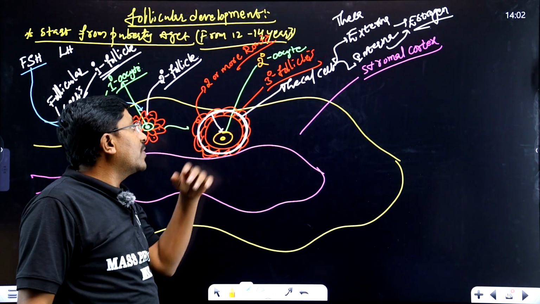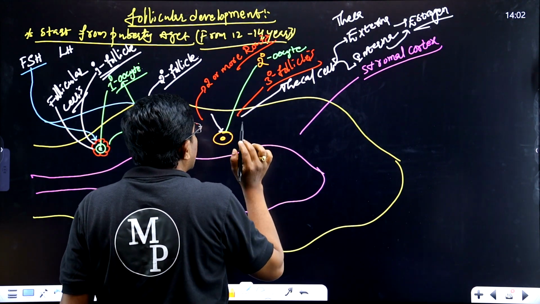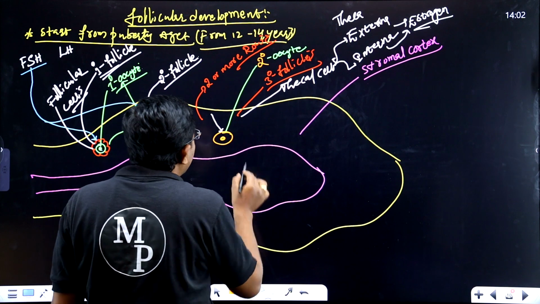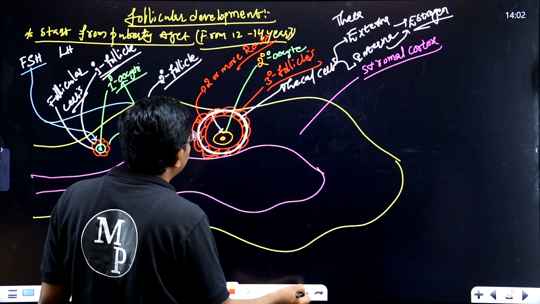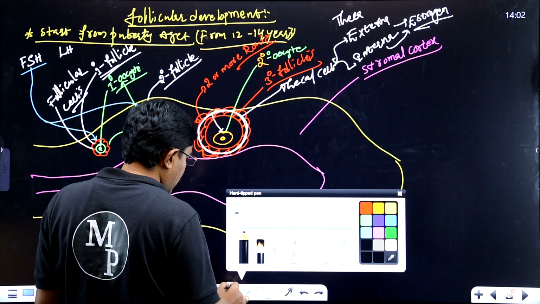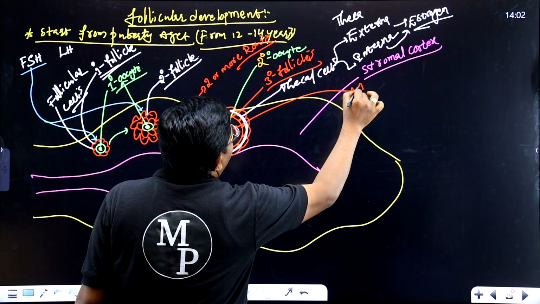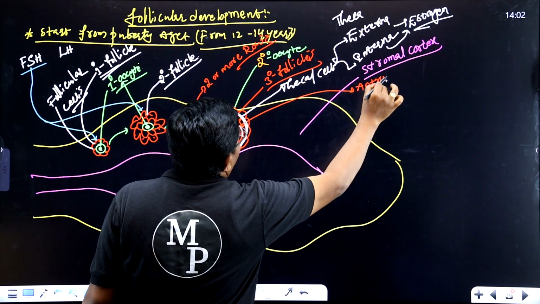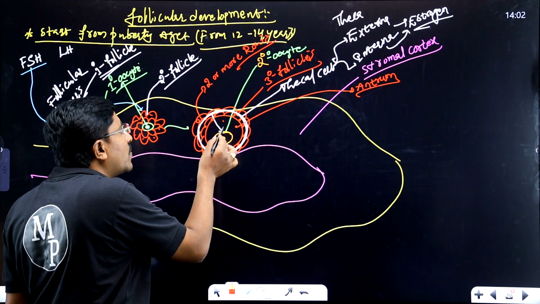Now within the tertiary follicle, one more important change is there. Surrounding the secondary oocyte, the antrum is formed, the empty follicle space.